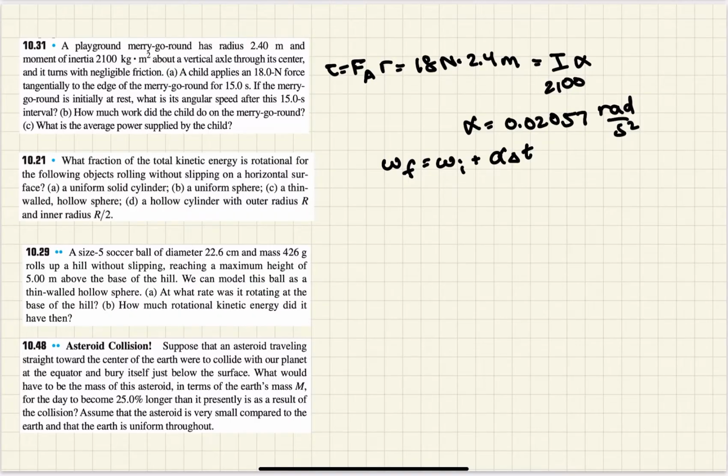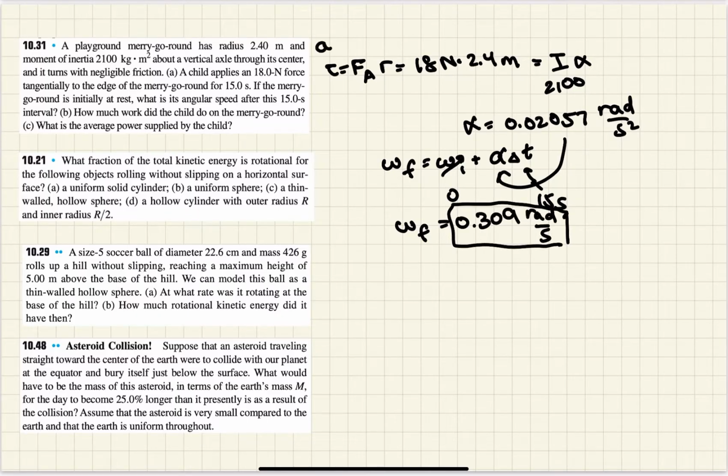Yeah, if the merry-go-round is initially at rest. Yeah, so this is 0. Alpha is 0.02057, and this is 15 seconds. So you just multiply those two, that's 0, so it doesn't matter. And we find a final angular velocity of 0.309 radians per second. And so that's going to be our answer for part A.